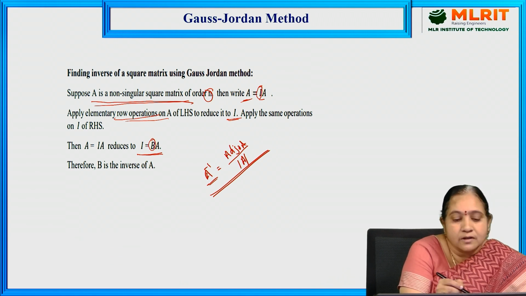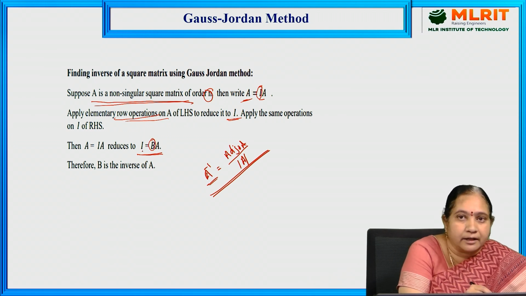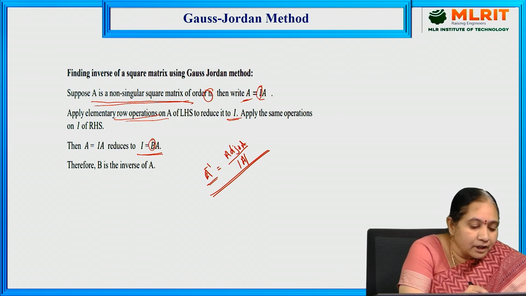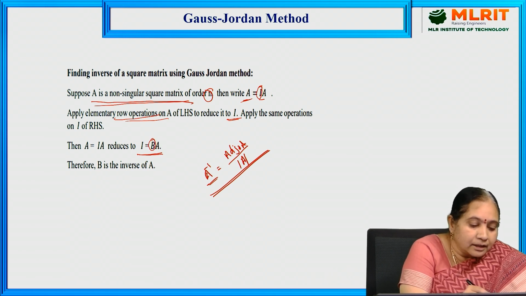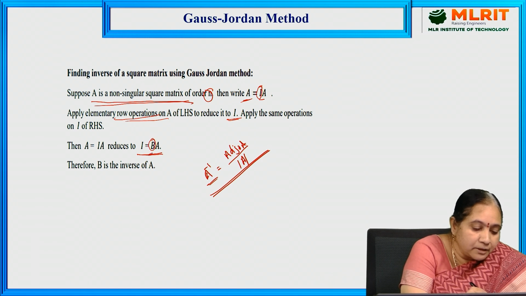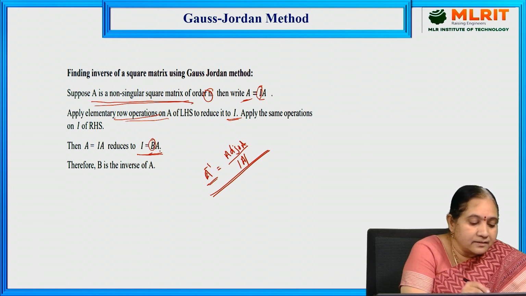These operations continue until the LHS is reduced to the identity matrix. And here we get some matrix B which is not equal to 0, and we call this matrix B the inverse of the matrix A.